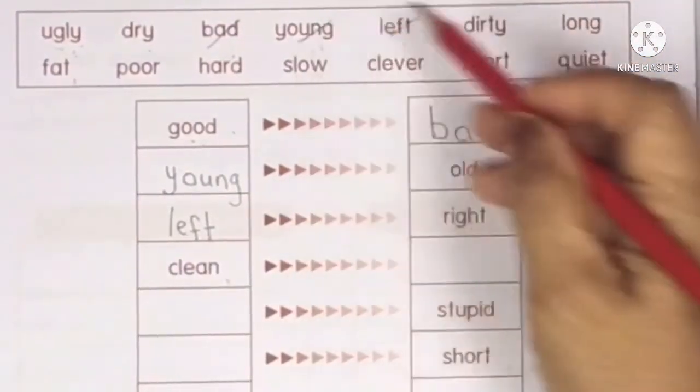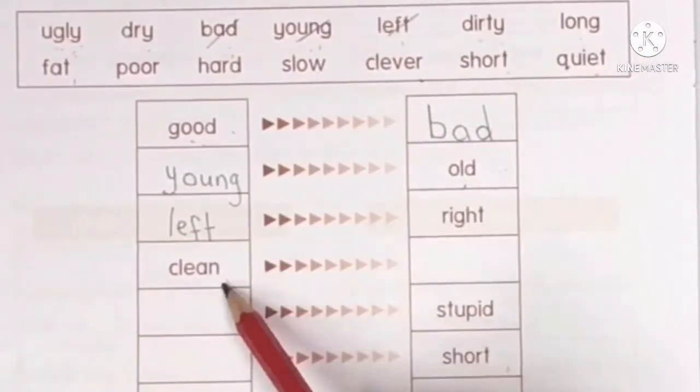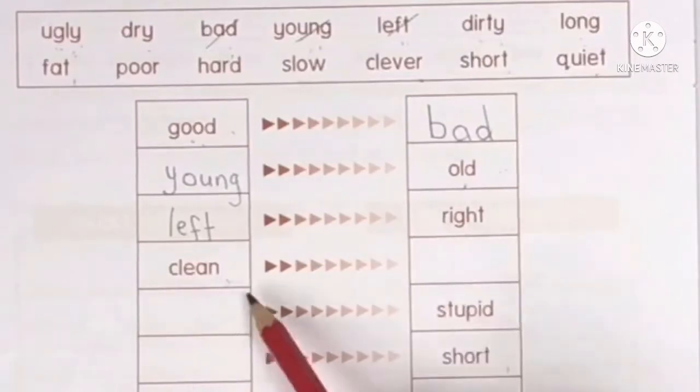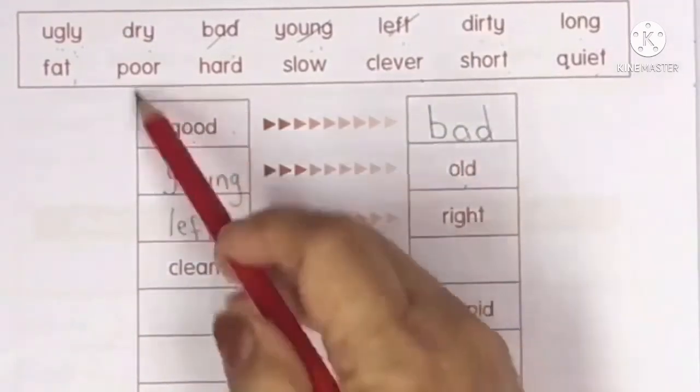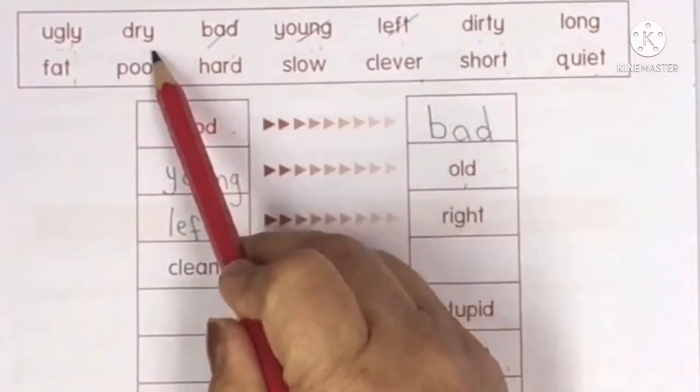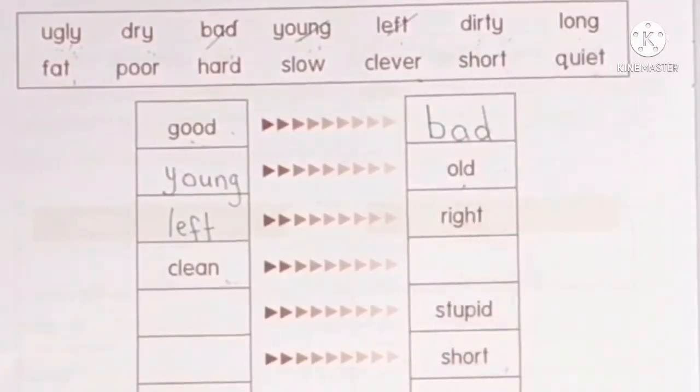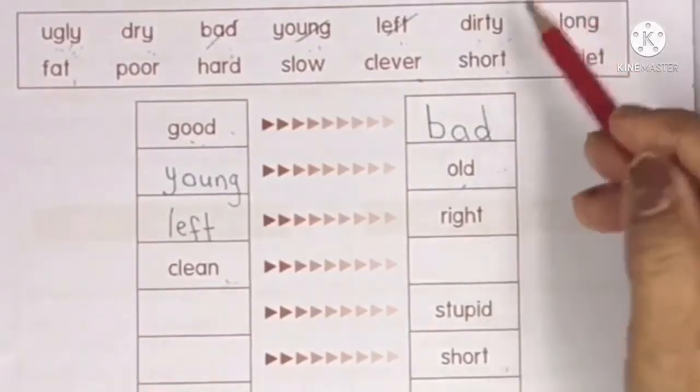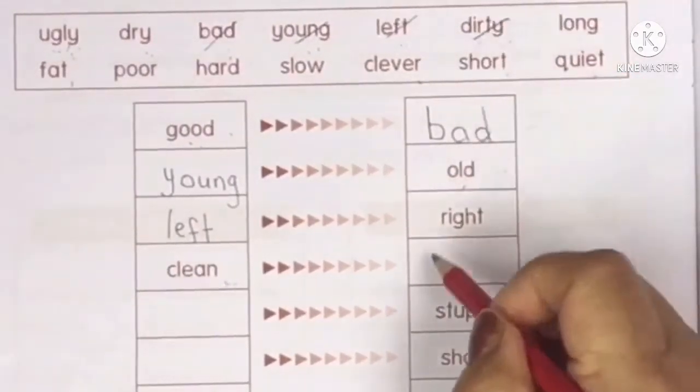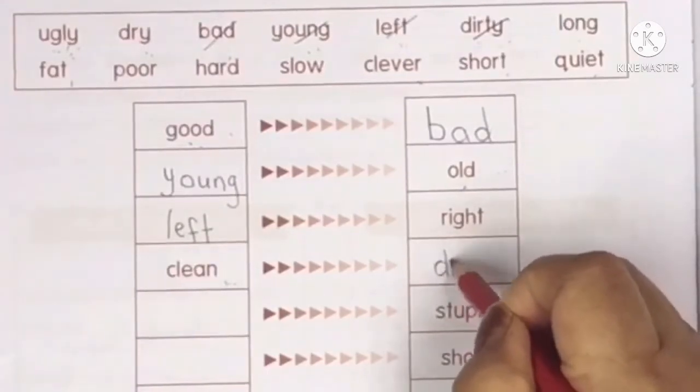The next one, clean. If something is clean, what is the opposite if it's not clean? Is it ugly, dry, or dirty? Dirty. Yes, it is dirty.